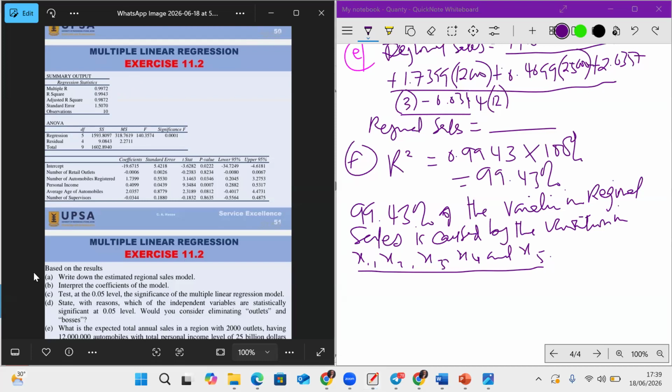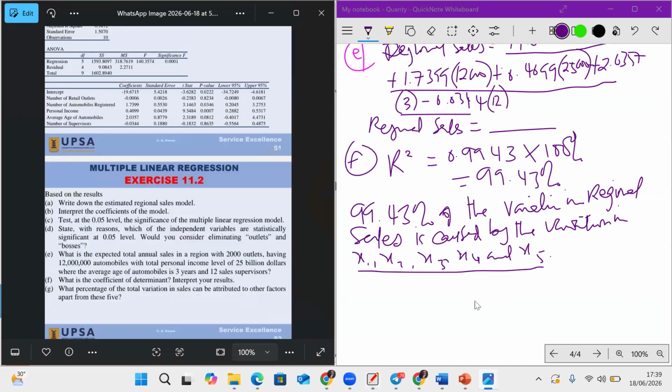Yes. Right, let's go to G. What percentage of the total variation in sales can be attributed to other factors apart from these five? It is called coefficient of non-determination.